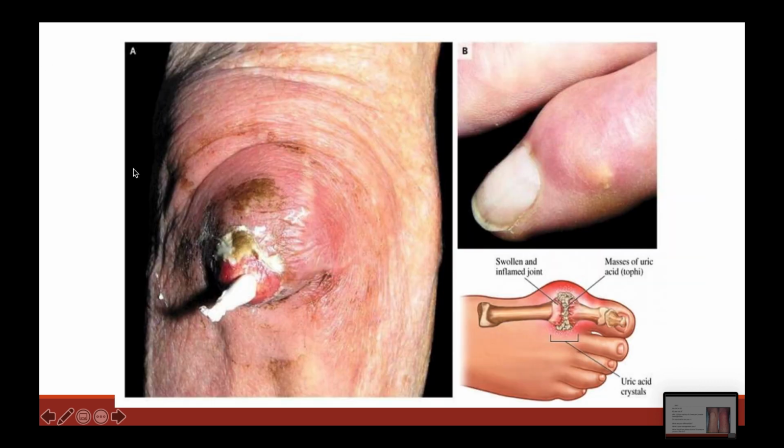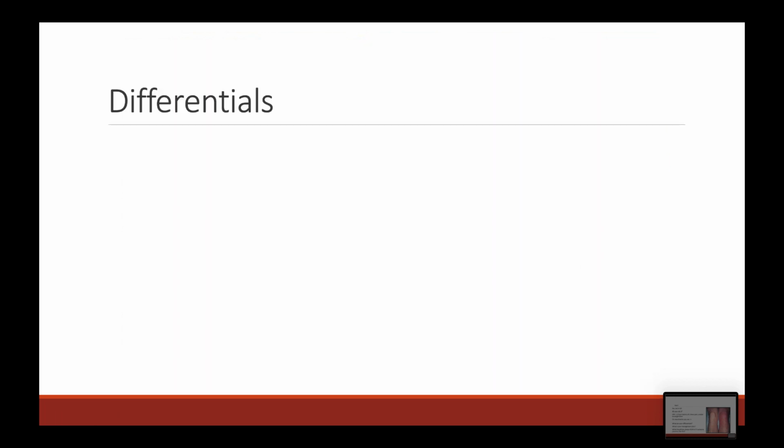Okay, so here's a few pictures of gout. Here you've got your classic tophi, you've got your big toe being affected, and the one on here, it's definitely looking very hot and swollen, and maybe this is probably infected as well. So obviously when you see a joint like that, if it looks infected, you need to rule out septic arthritis.